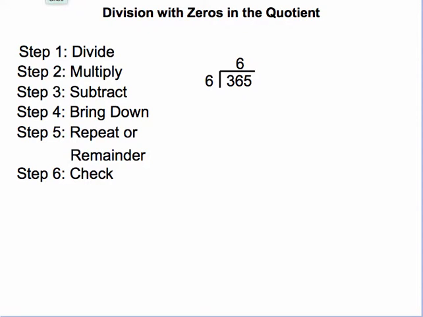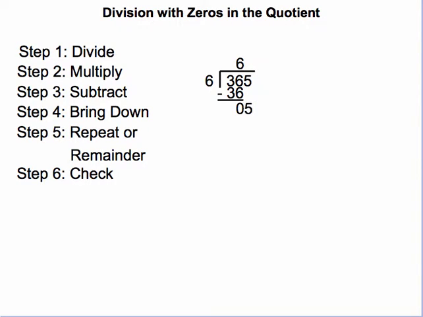So now I need to multiply 6 times 6 and get 36, subtract 36 minus 36, and I get 0.